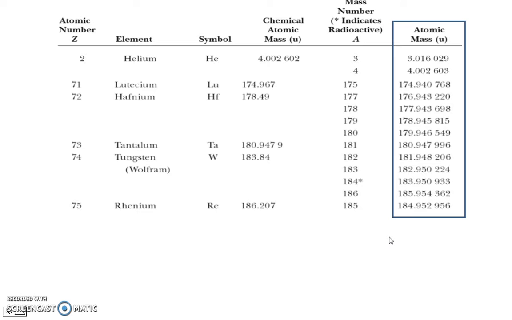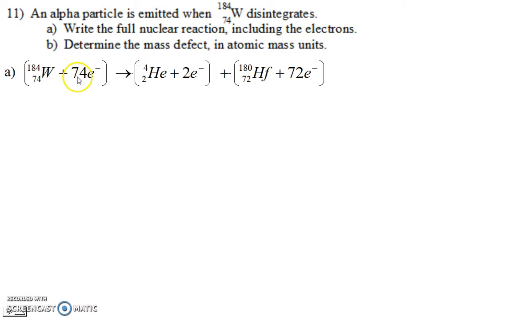So when we look for the masses here, the tungsten mass already includes 74 electrons, the helium already includes the 2 electrons, and the hafnium already includes the 72 electrons. So it's kind of right to write the electrons. Here, we have 74 electrons at the start, and 2 and 72 at the end, a total of 74 electrons, so there's nothing weird happening. You don't actually have to write them, but it's good to show that these numbers are already included.